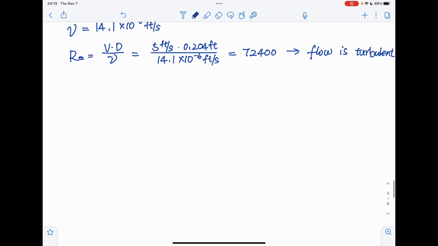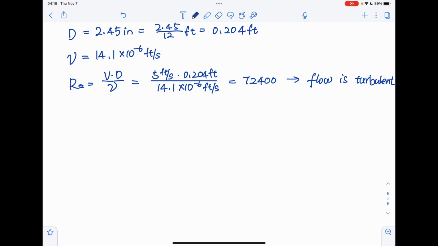So for turbulent flow, we have a friction factor equal to 0.25 over the log base 10 of Ks over 3.7D plus 5.74 over the Reynolds number to the power of 0.9, the entire thing squared.